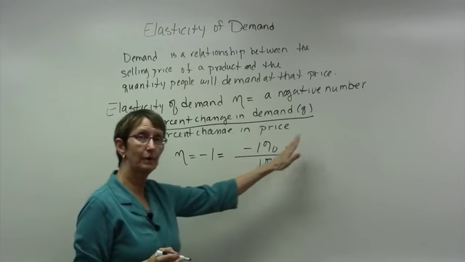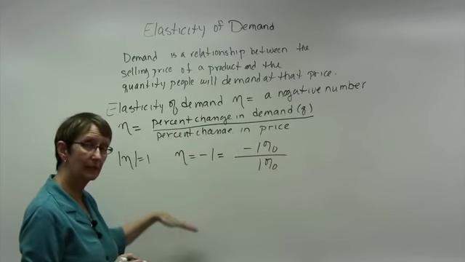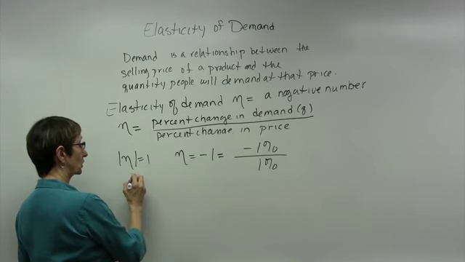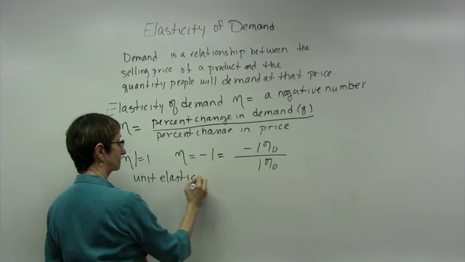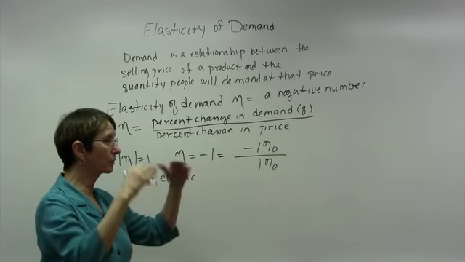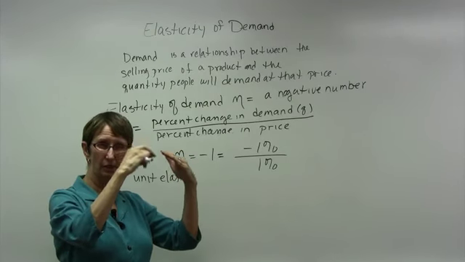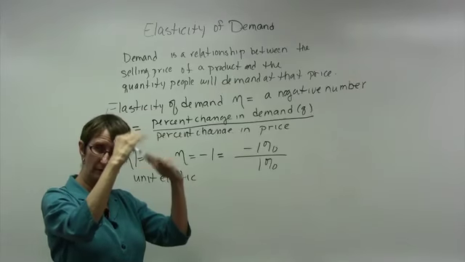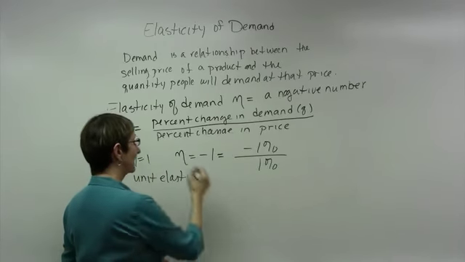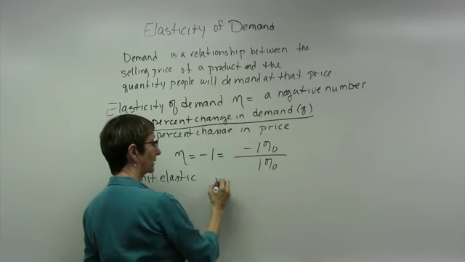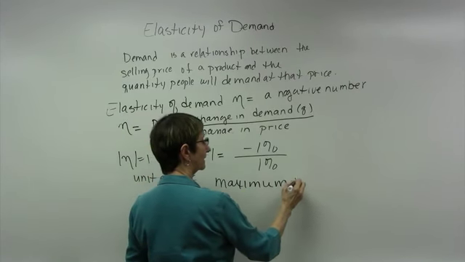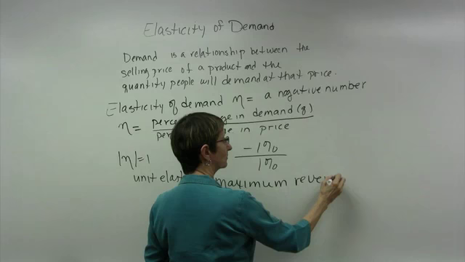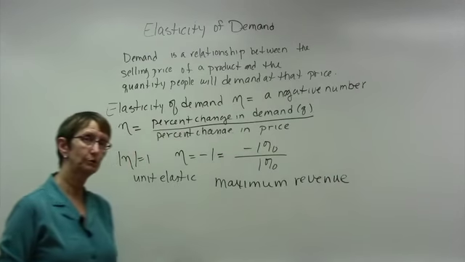So prices go up 1%, demand goes down 1%. This is called unit elastic. And since prices change a little bit, demand changes the same amount, what happens here is you actually get maximum revenue at this point. Whatever price and quantity happened here, it is the place where you have maximum revenue.